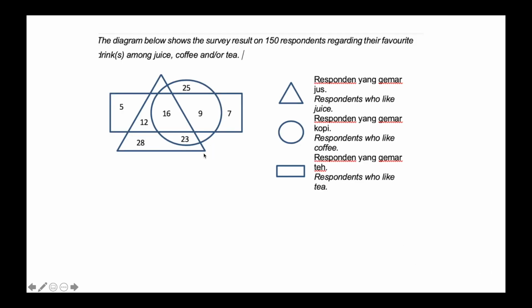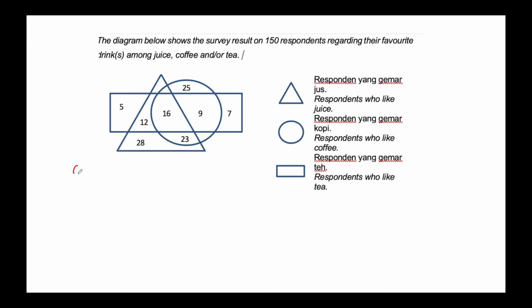Okay, so the first one was asking how many respondents love to have coffee. For the first one, we can actually group all of this information.